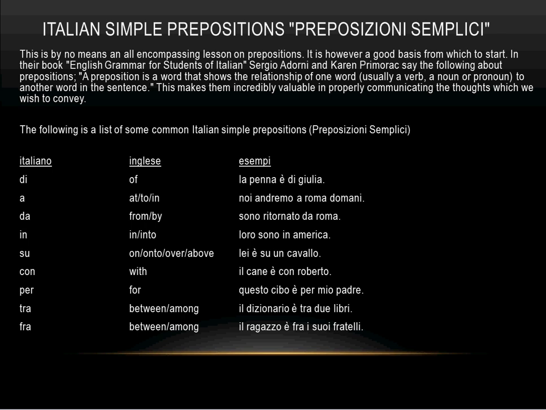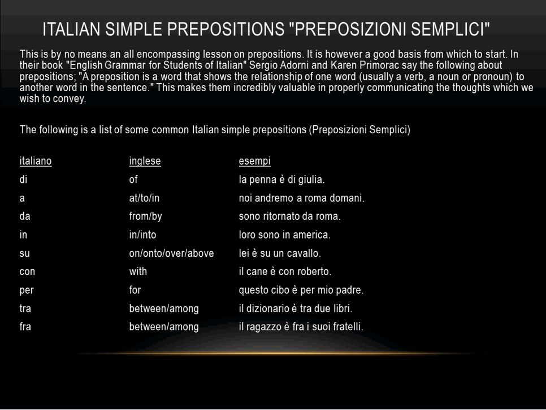Sono ritornato da Roma. I am returning from Rome. Loro sono in America. They are in America. Lei è su un cavallo. She is on a horse. Il cane è con Roberto. The dog is with Robert.